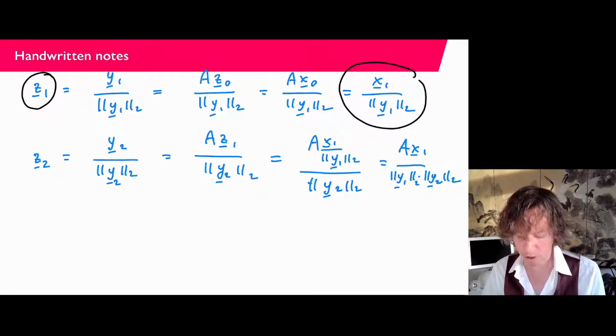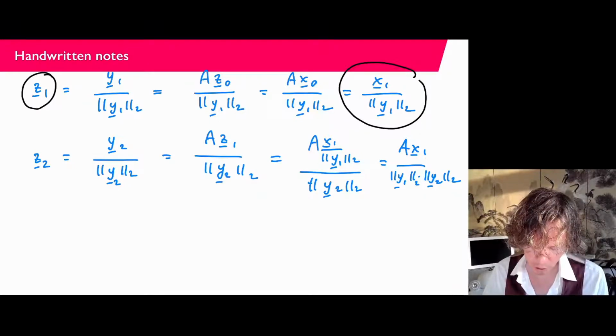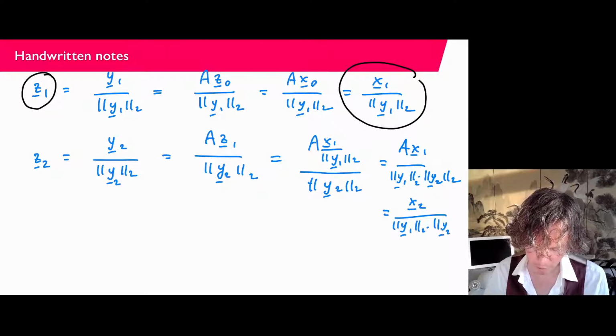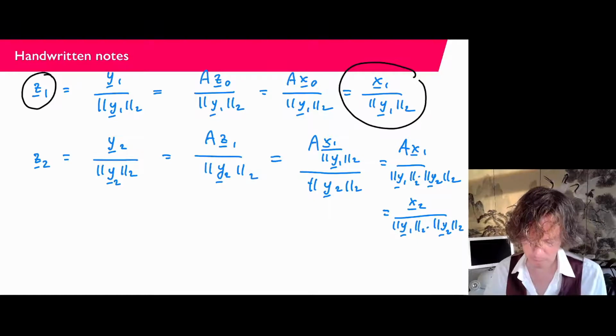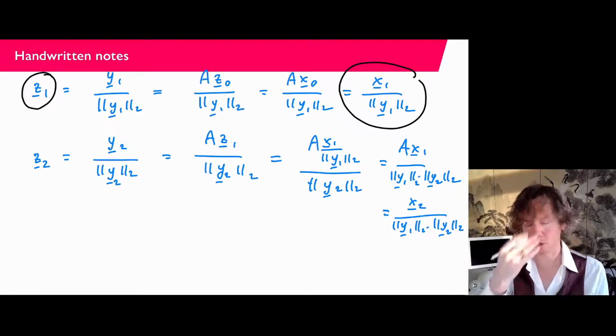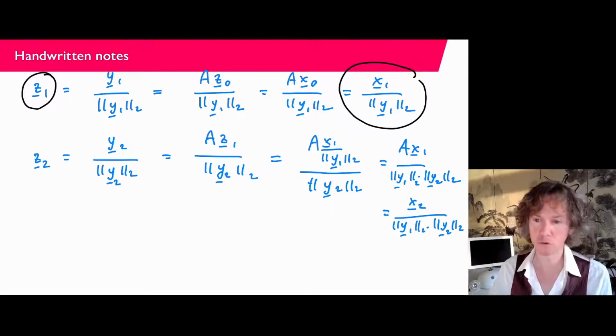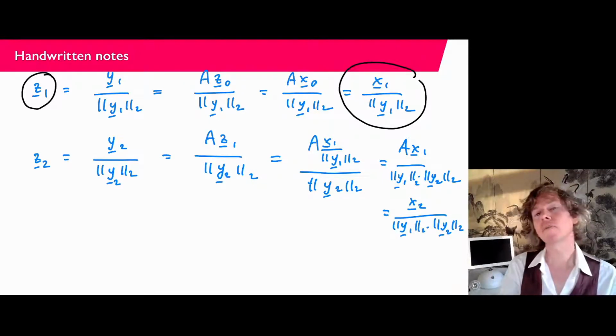And now you see we're here because a x1, that is precisely x2 over length y1 length y2. And it's all two norms here, so I hopefully wrote down all the little 2's for the 2 norm. So that is about the vector.